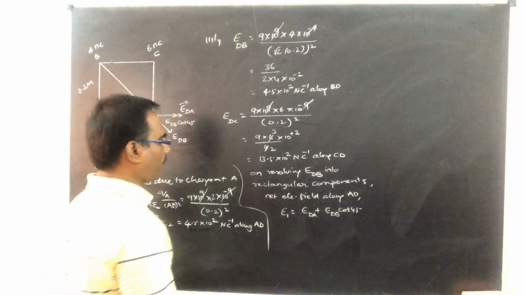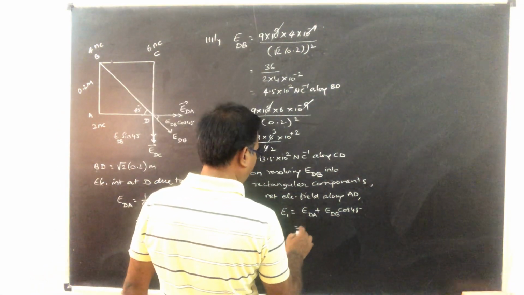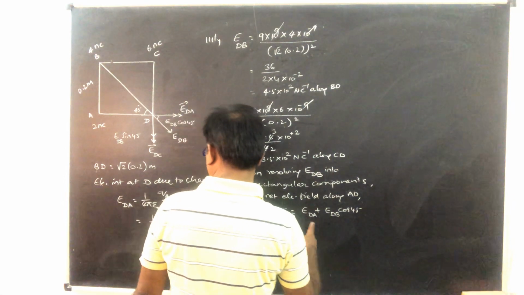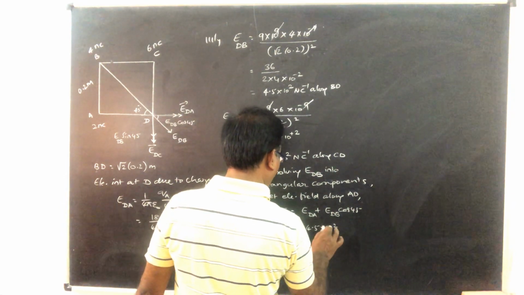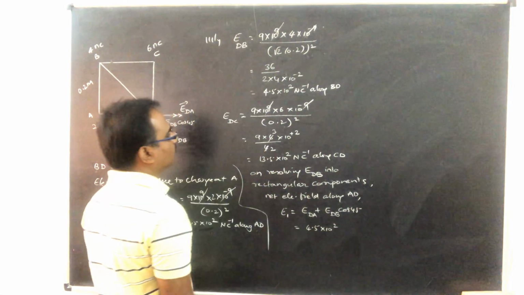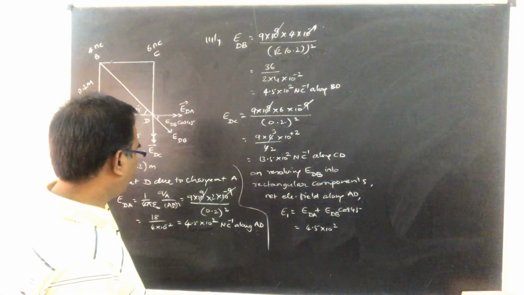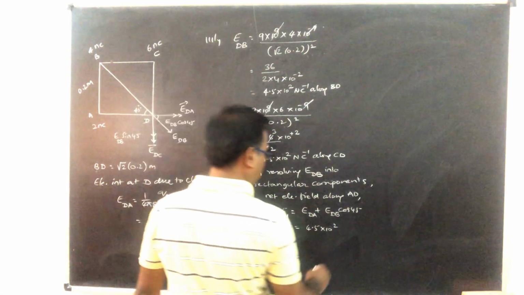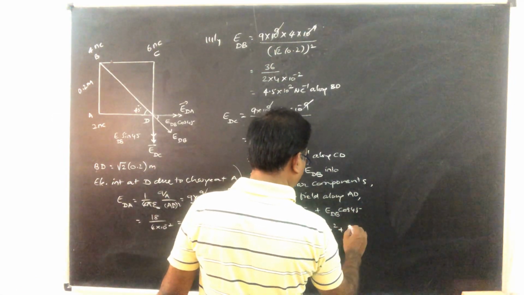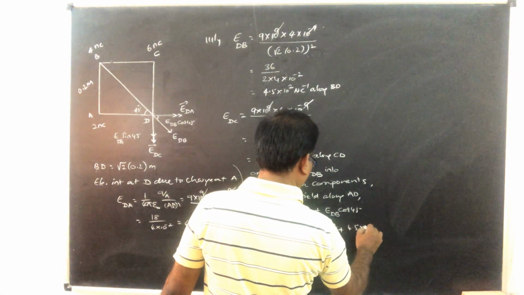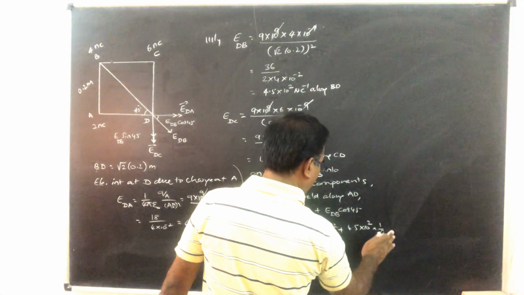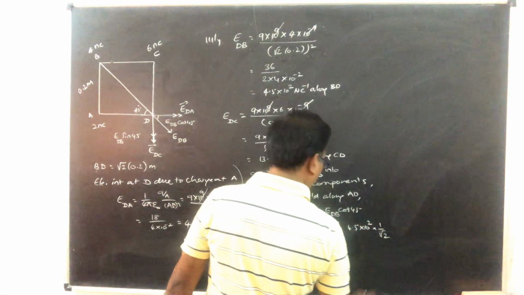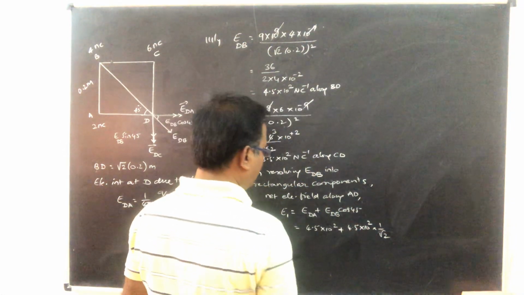So this EDA is 4.5 into 10 to the power of 2, plus this one, 4.5 into 10 to the power of 2 into 1 by root 2. So you simplify this one.